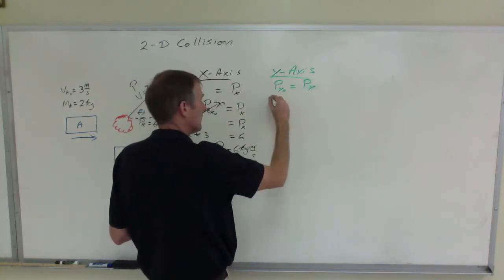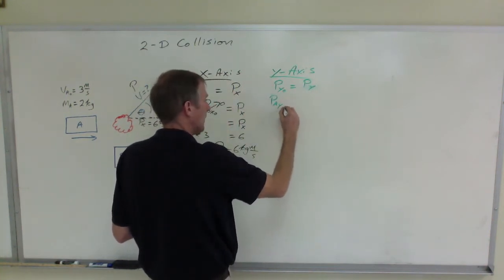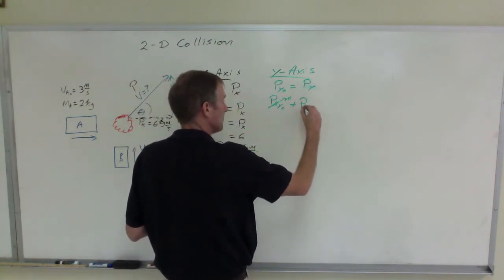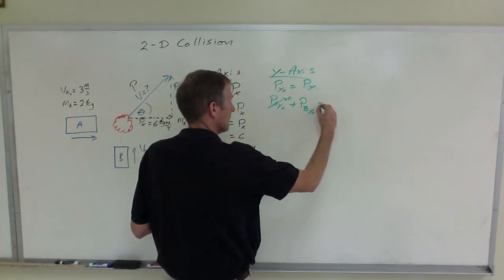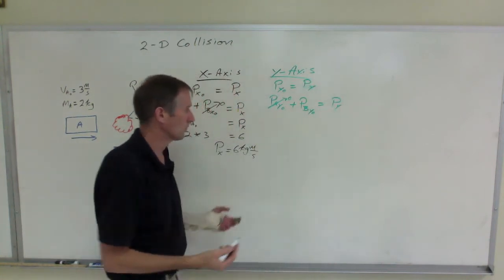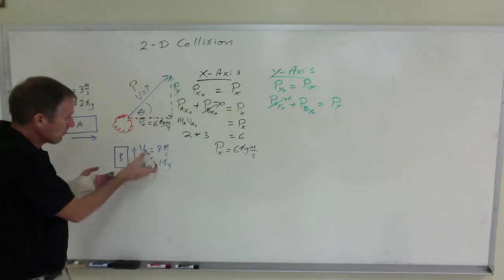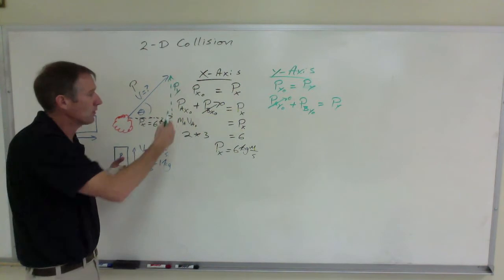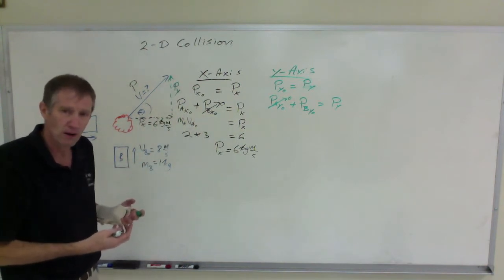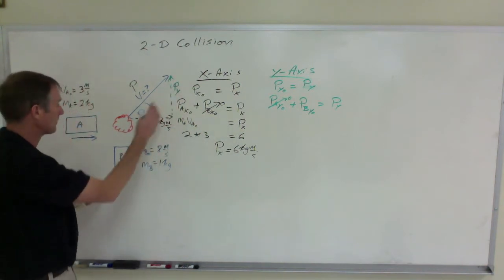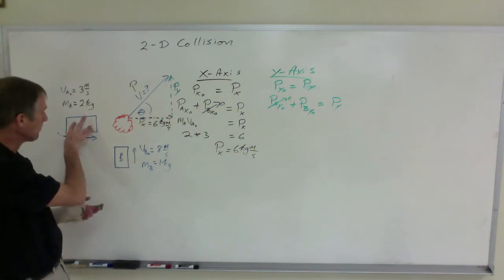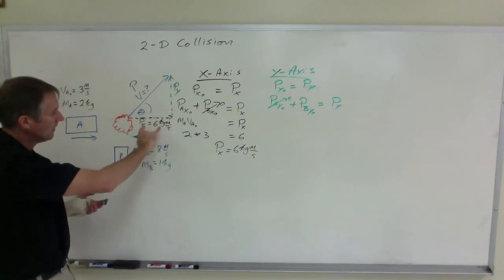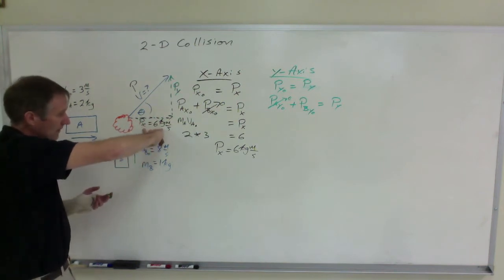Before the collision, you've got the momentum of A in the y-axis, which is 0 because it's all on the x-axis, plus the momentum of B in the y-axis, and that will equal total momentum afterwards in the y-axis. So all of the momentum of object B beforehand becomes the y component of the momentum of the system after the collision. By the same token, all of the momentum in A before the collision becomes the x component of the momentum after the collision.